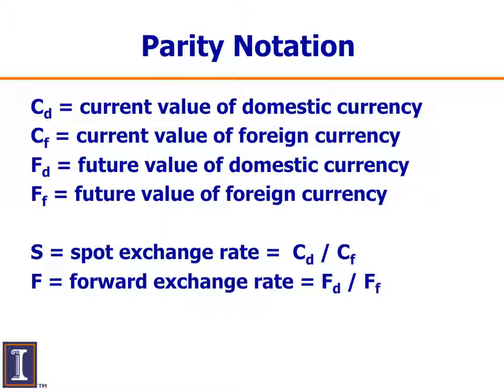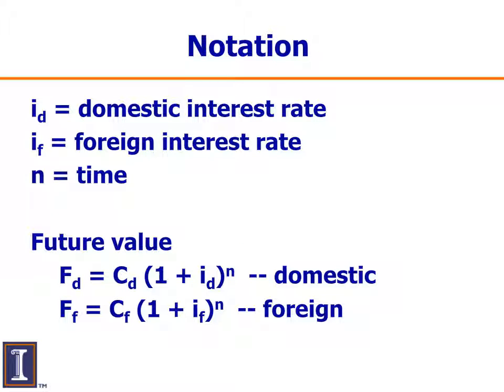And now we're going to solve for the forward exchange rate, and we do need to take into consideration the interest rate differences across these countries. Here we denote the interest rate in the domestic market as I sub D, the foreign interest rate is I sub F, and we're going to compound it for n time periods.